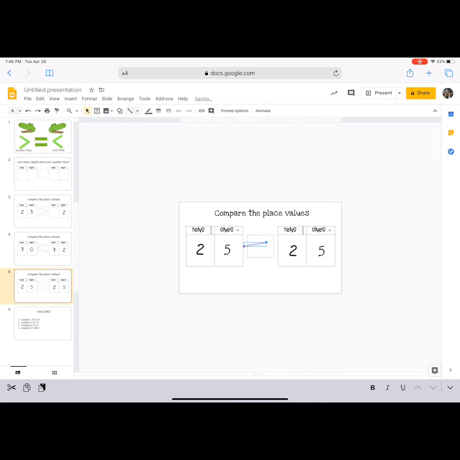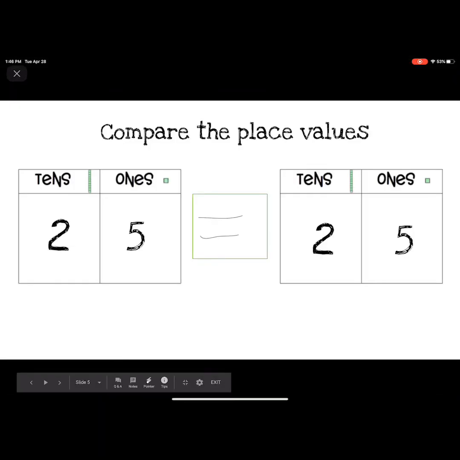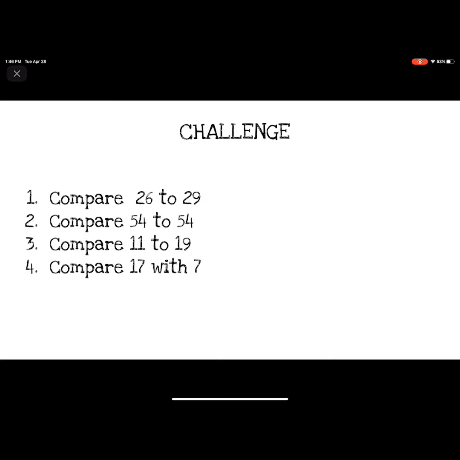Whoops, let me erase that. My drawing skills have not improved since you saw me last. So if I'm reading this from left to right, I would say 25 is equal to 25.